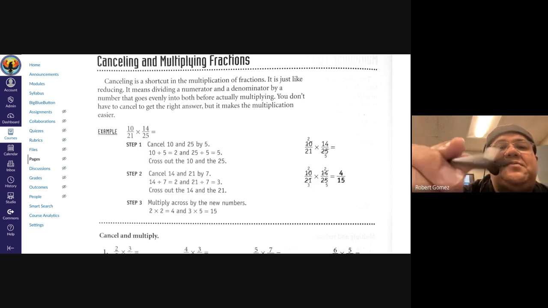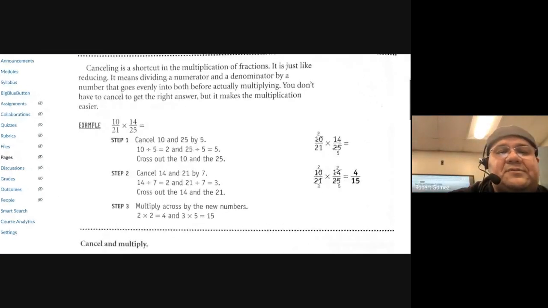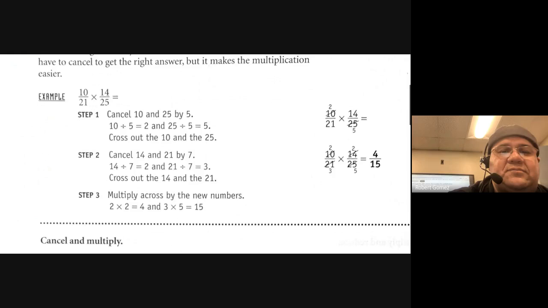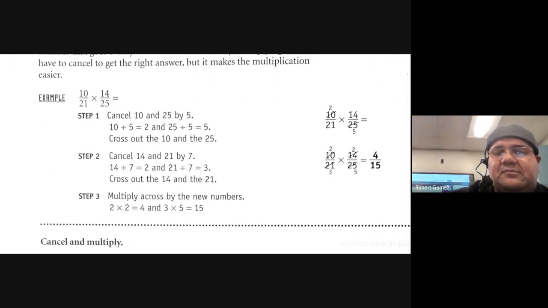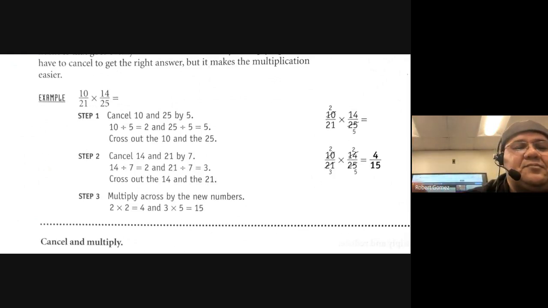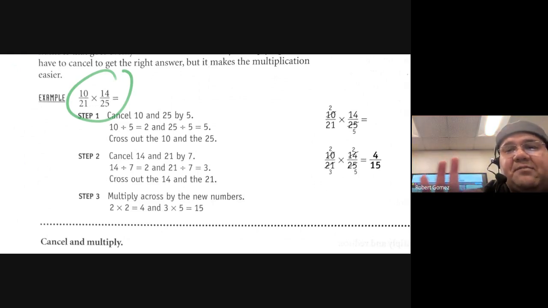Let me zoom in here real quick. So we have this problem right here, 10 over 21 times 14 over 25. Now, I'm going to rewrite this in a way that makes a bit more sense, because when we are multiplying fractions, we can actually look at it like this.